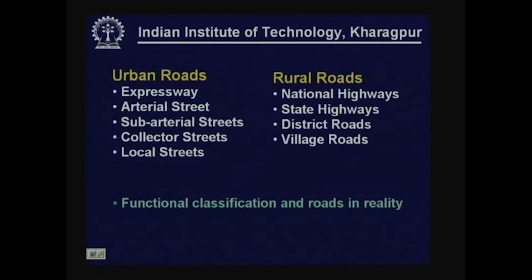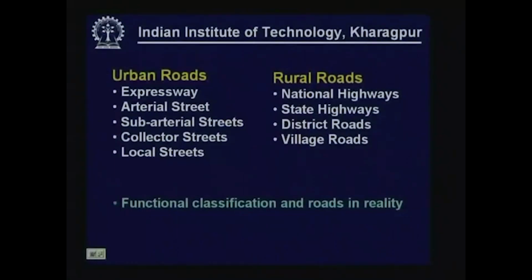Again, urban roads are classified as expressway, the highest order of road, which is predominantly for long distance traffic. Higher speed is expected, greater access control is expected, and no parking or waiting is allowed along the road.